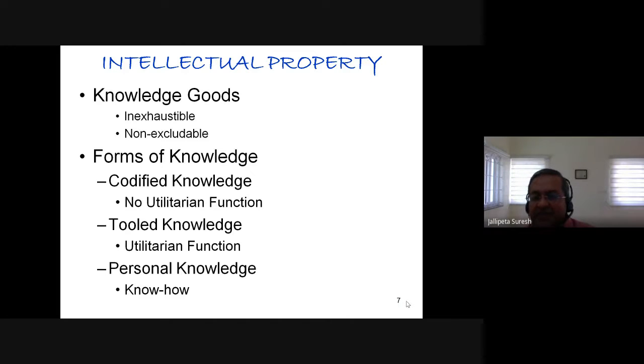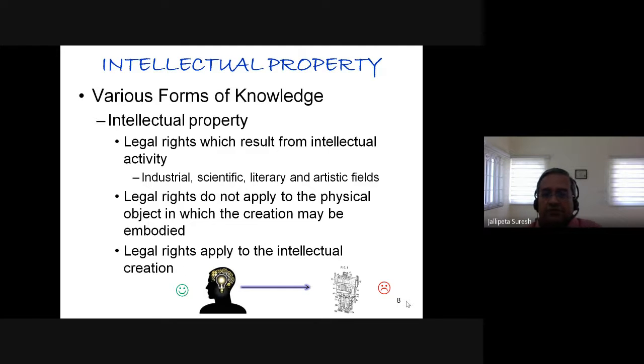It's not a machine where we can attribute functional characteristics. Tool knowledge, that is, using this knowledge you develop a machine which has a functional utility. And of course, personal knowledge, that is trade secrets, or we can also call it know-how. So these are some of the important forms of knowledge, from where we derive the species of intellectual property.